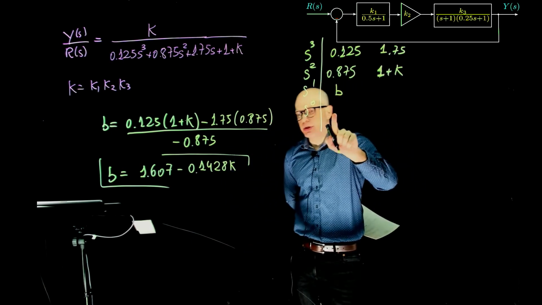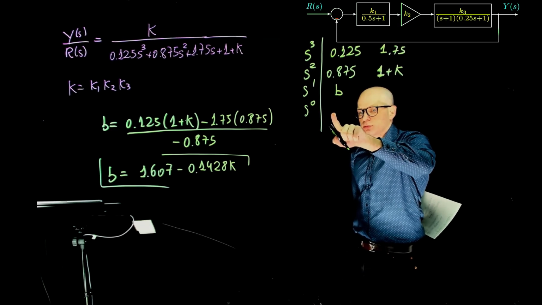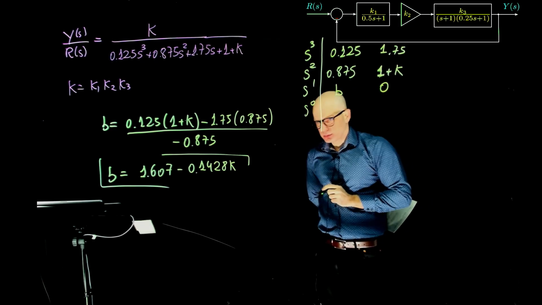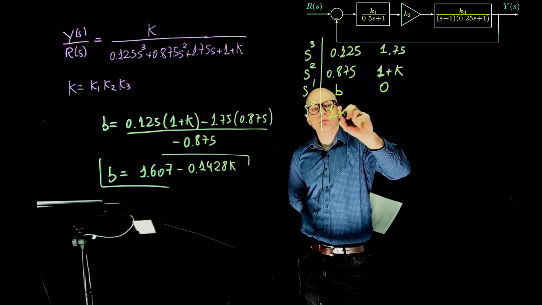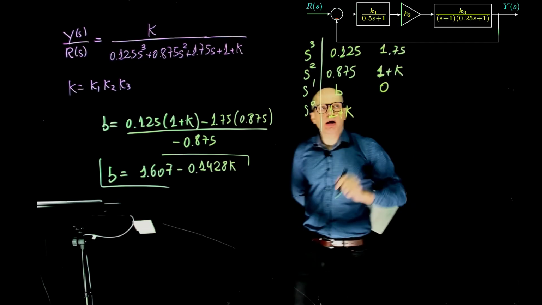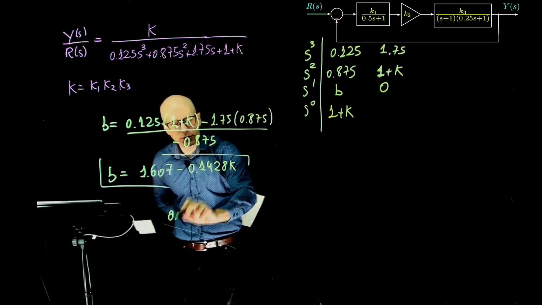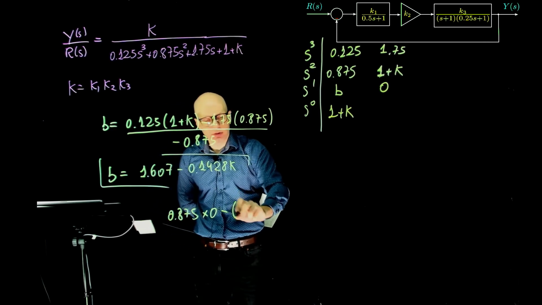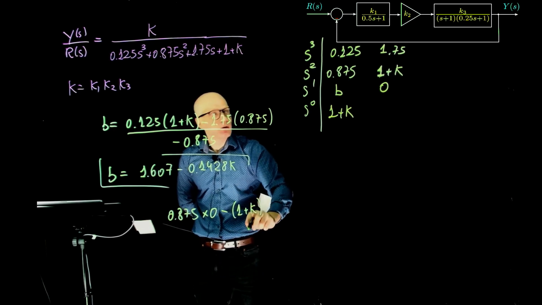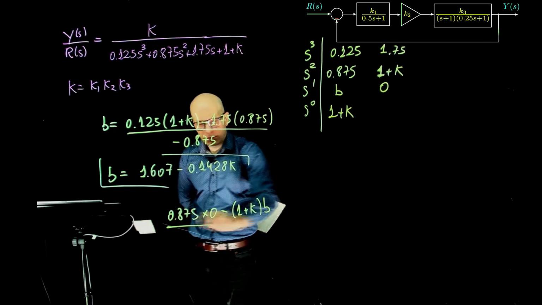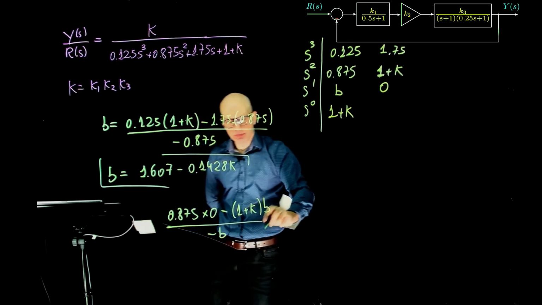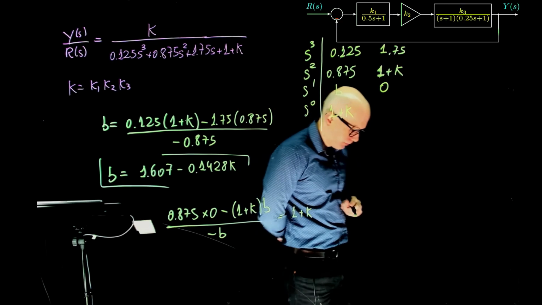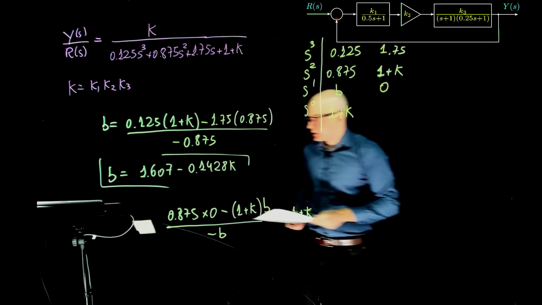What is this number here? This one is 0. What is this one? 1 plus K. Now we can see that if you do 0.875 times 0 minus 1 plus K times B divided by negative B, it is 1 plus K. What is the condition for stability?